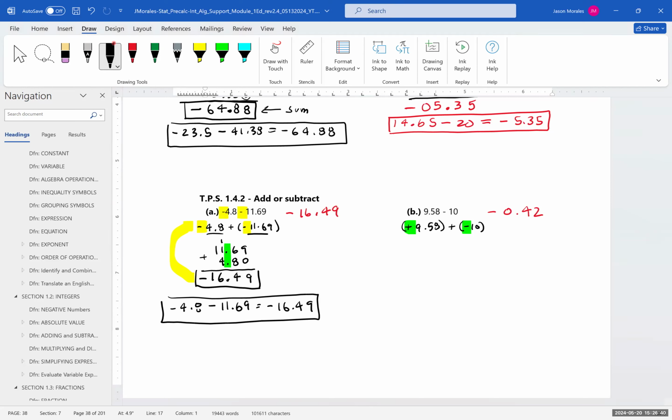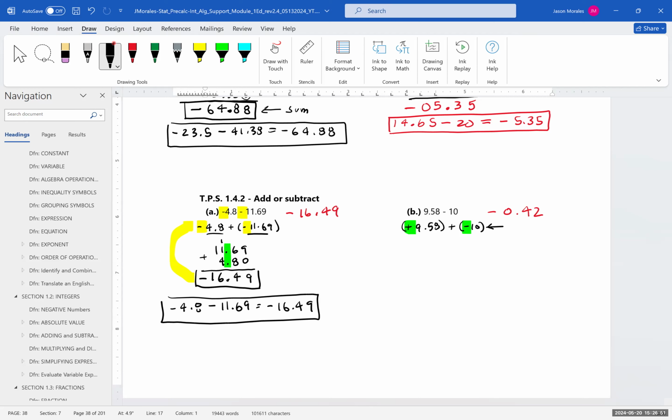The larger number is 10. So when we do the difference, it will have the same sign as the larger number. Okay, so we've got 10, and we're going to put a decimal point there. And then now we've got 9.58. We're going to take the difference.